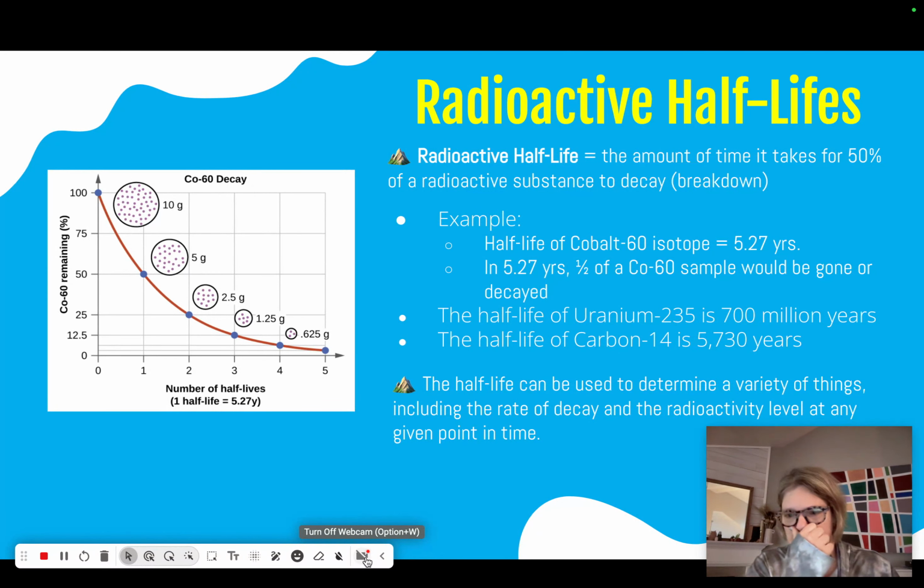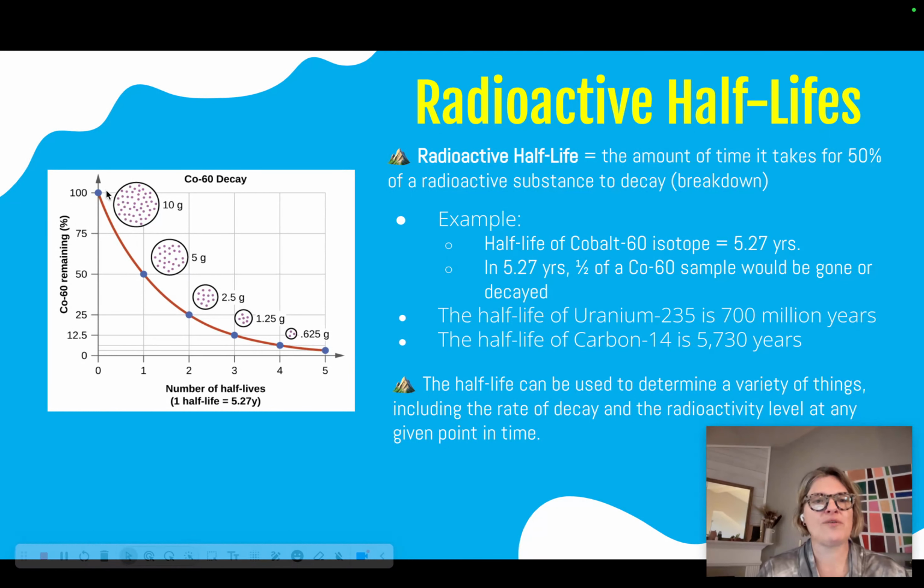So you probably remember this from chemistry, but an example that we have over here is cobalt 60. If we start off with 10 grams of the substance, one half-life would be how long does it take for that 10 grams to decay and turn into just 5 grams of cobalt 60? And so the time that it takes would be considered one half-life.